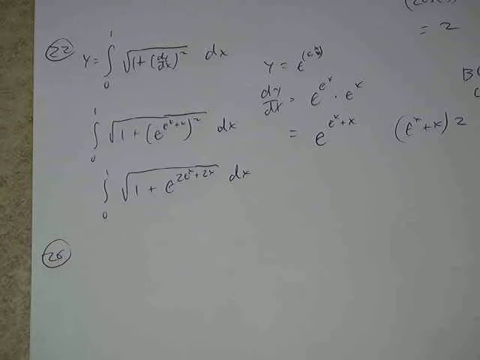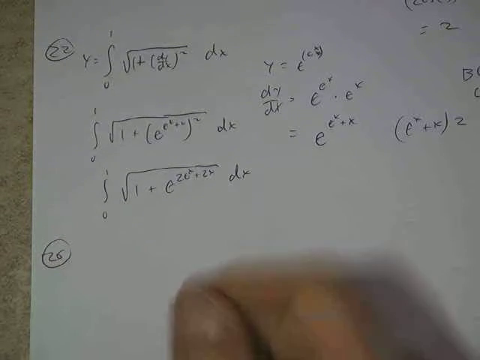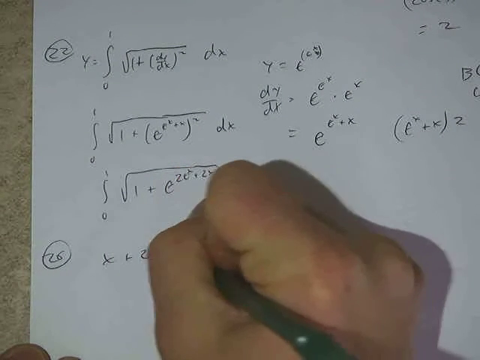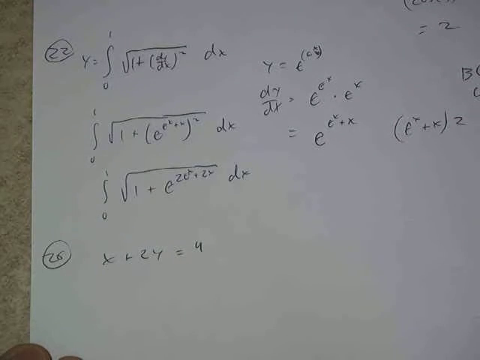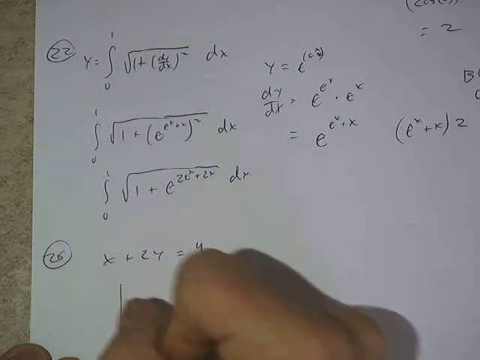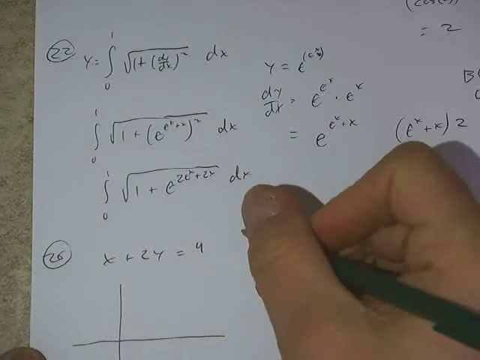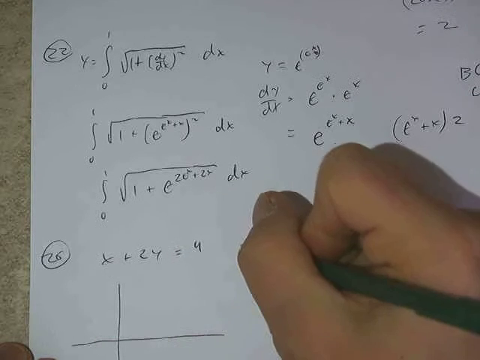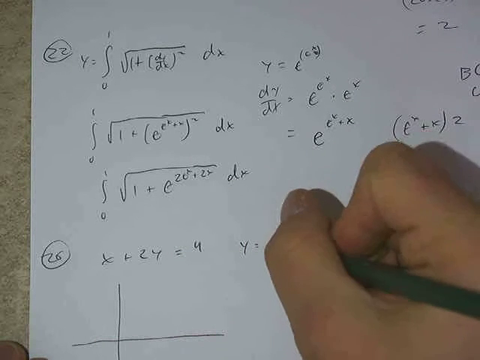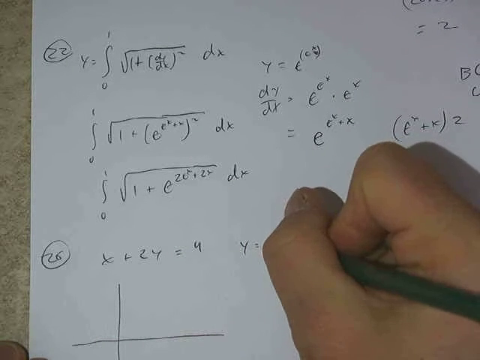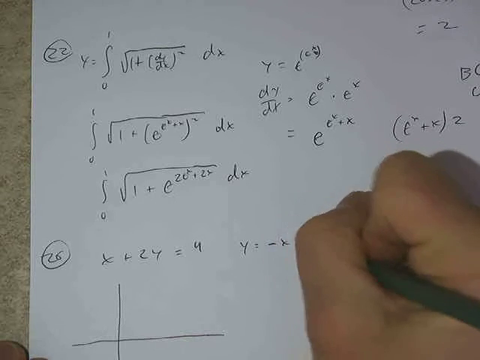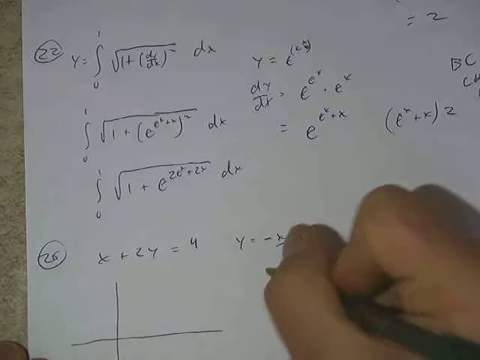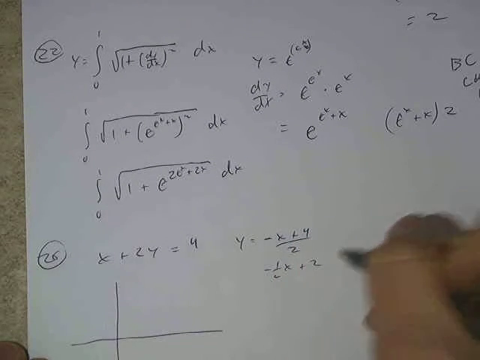The base of a solid is the region in the first quadrant bounded by the line given, x plus 2y, and the coordinate axes. So let's establish what that looks like first. If we draw a graph of this, we could rewrite that as negative x plus 4 all over 2, so negative 1/2 x plus 2.